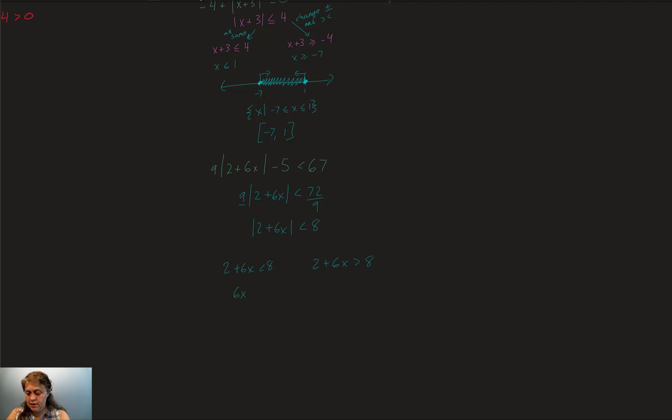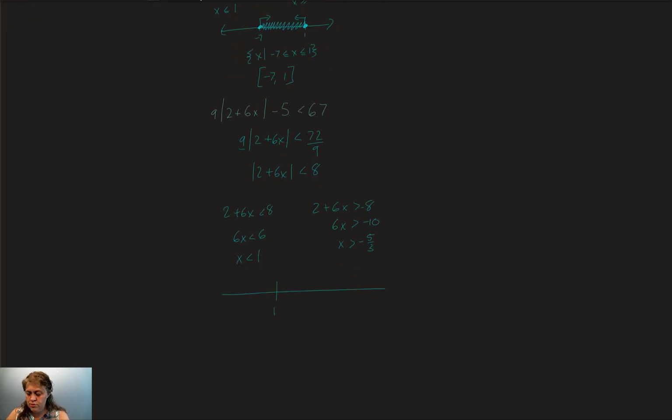So 6x is less than 6, and x is less than 1. 6x is greater than negative 10, so x is greater than negative 5/3.